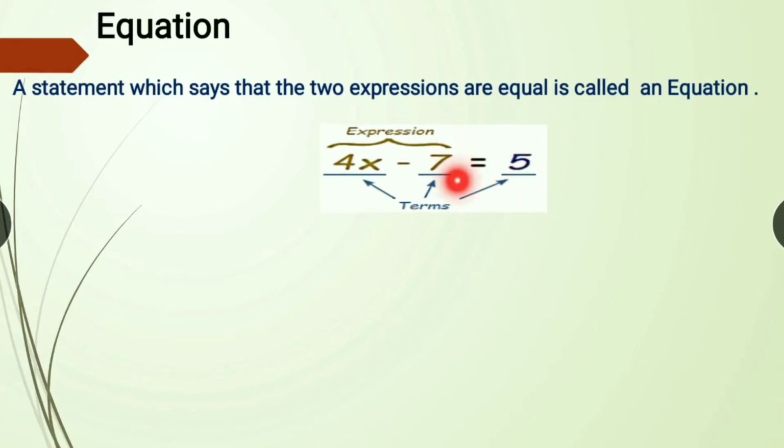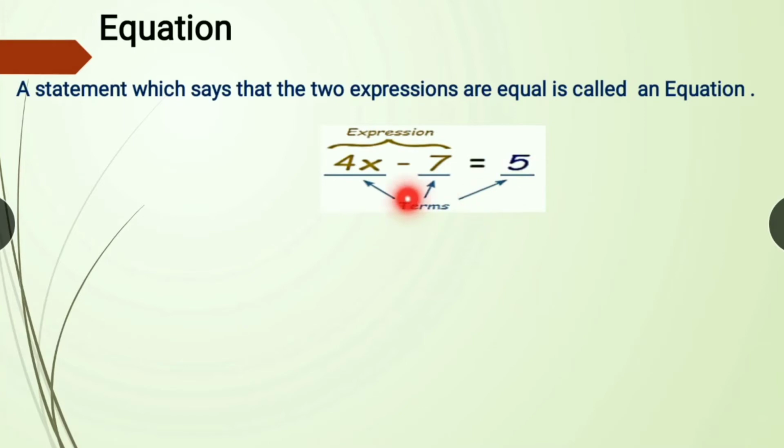Here we have an equal to sign here. So this is an equation. Now here 4x, 7 and 5, these are the terms. Clear? And what is variable here? x. What is the coefficient of x here? 4. Understood? And these are the constants 7, 5, etc.